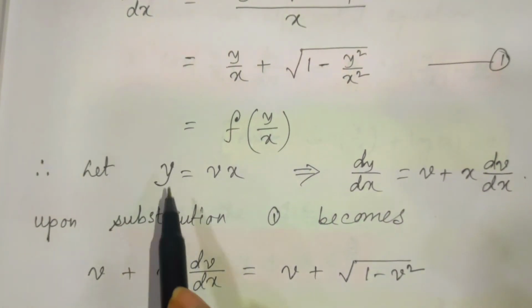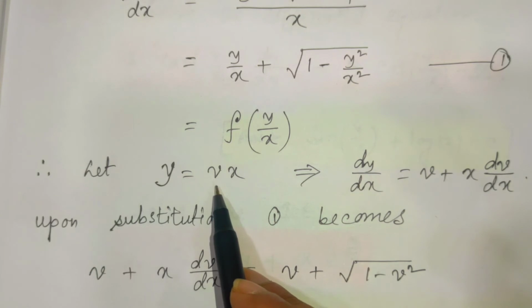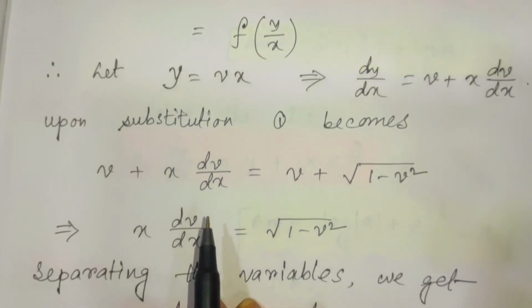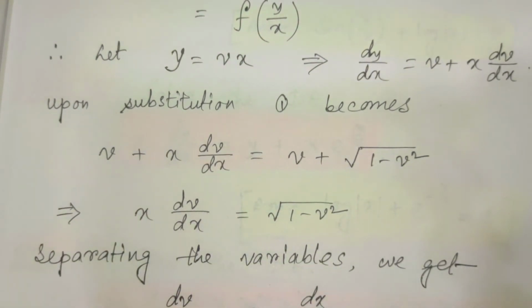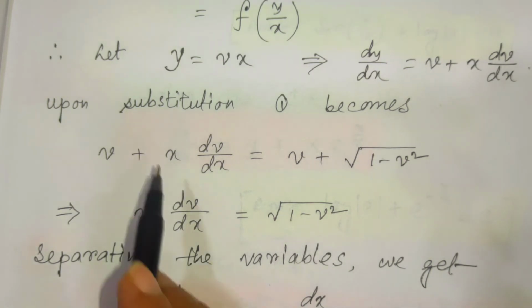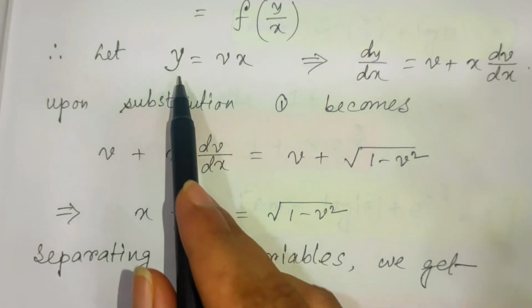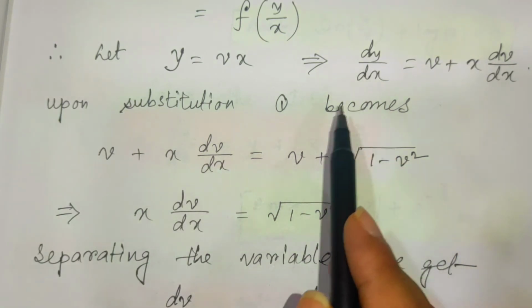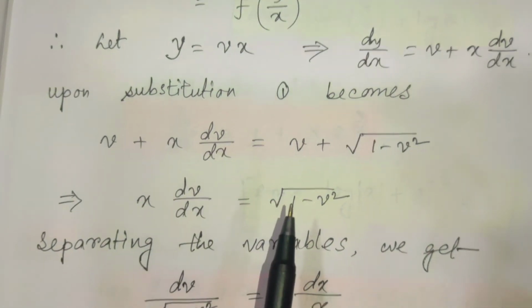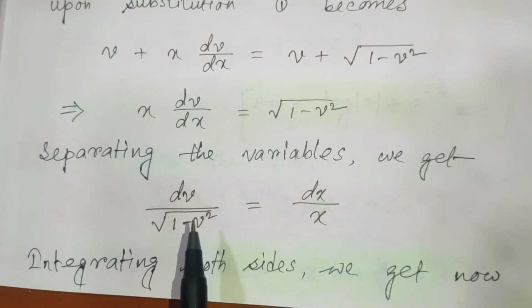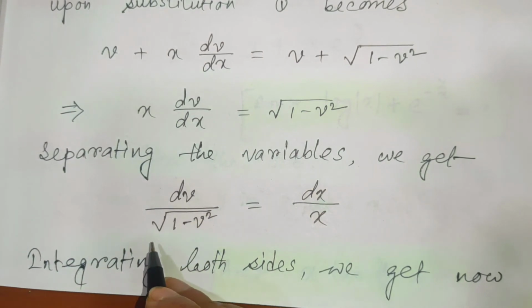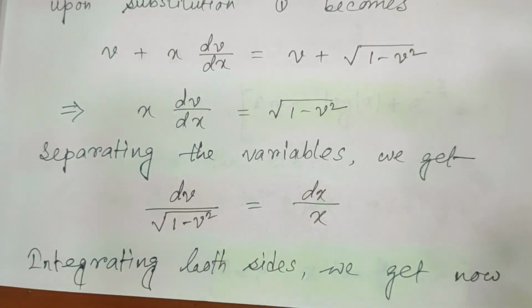Now we should substitute y is equal to vx and simplify. We know the process of simplification, exactly in a similar way. We substitute the value of y by x and dy by dx in terms of v and x, and after simplification we find dv divided by root over of 1 minus v square is equal to dx by x.